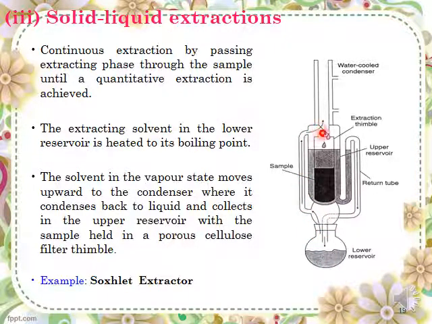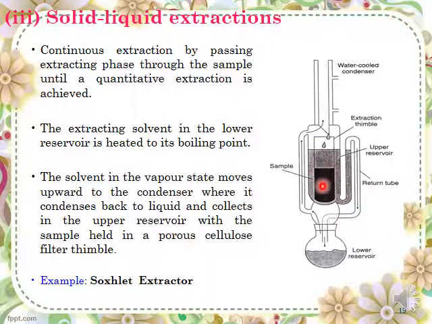Because there's a condenser here with a water inlet and outlet, the vaporized solvent will cool down and drop inside this thimble as liquid, until at one point it floods the sample here.